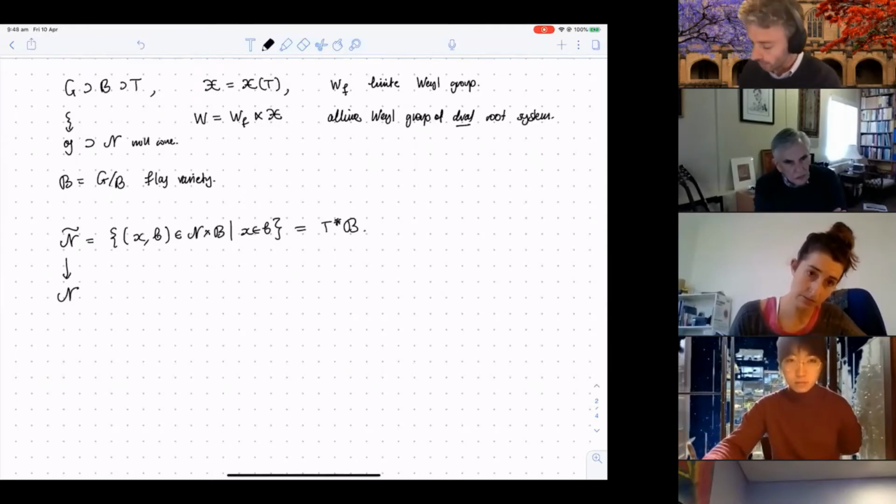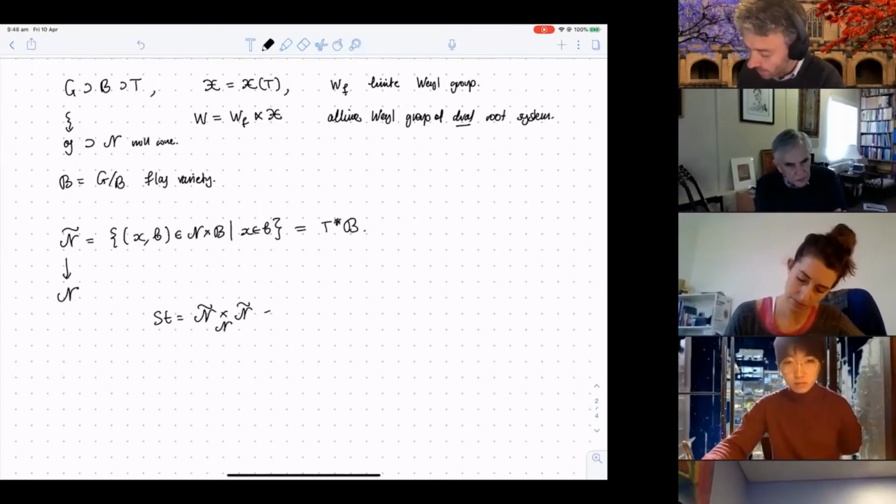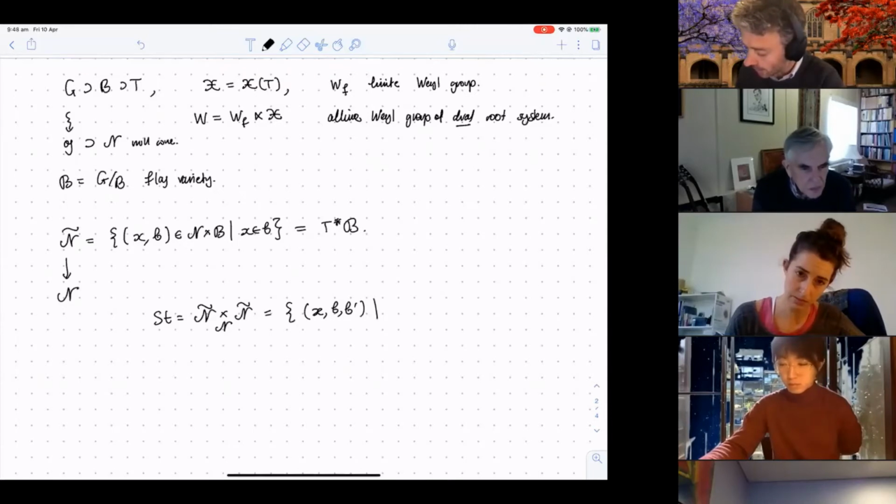And we have the Steinberg variety, which is n tilde, the fiber product of n tilde with itself over n. So this is pairs (x, b, b prime) such that x is in b and x is in b prime.